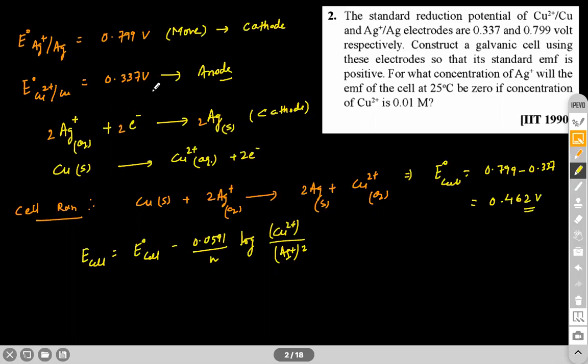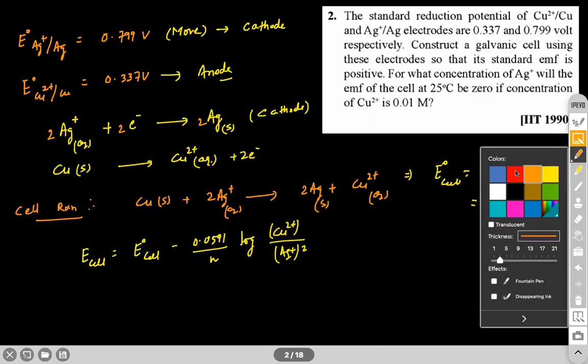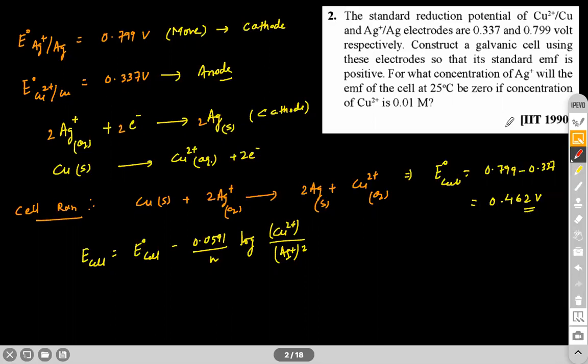And it is given here: at what concentration of Ag+ will the EMF of the cell be 0, if the concentration is this, right? So E cell is also given in the question. E cell is 0 and the concentration of Cu2+ is given, that is 0.01.